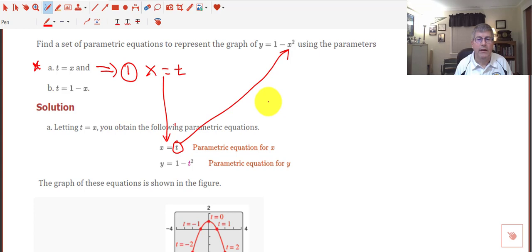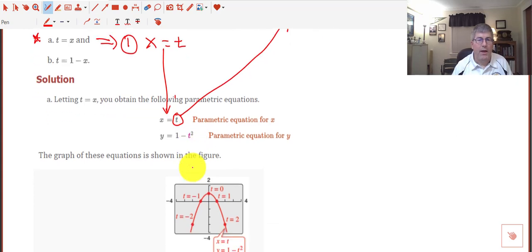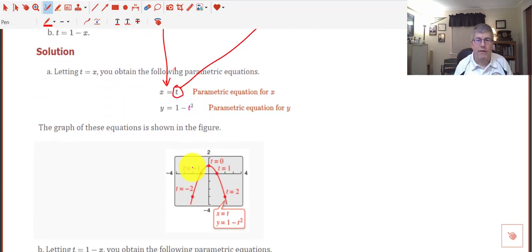We've rewritten these in terms of t. And here, if we put this into our graphing calculator, we would get our particular graph. And we are graphing from t greater than or equal to -2, and less than or equal to, we could use 3 here.